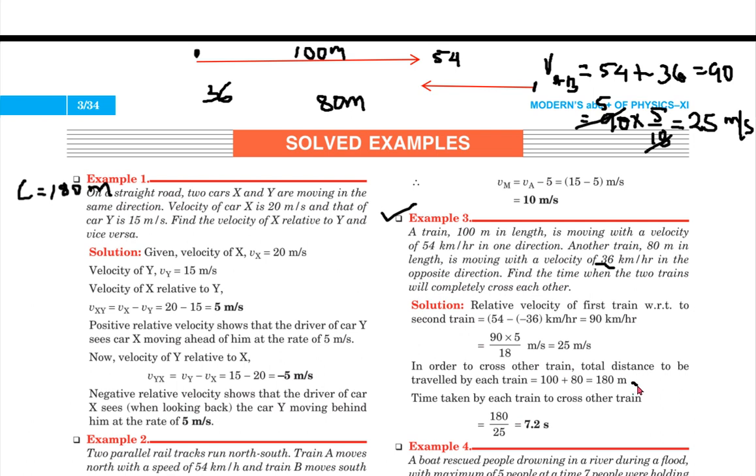Here I have length and velocity, where length means distance. So I can find time. Time is distance by velocity. The required time is distance by velocity.